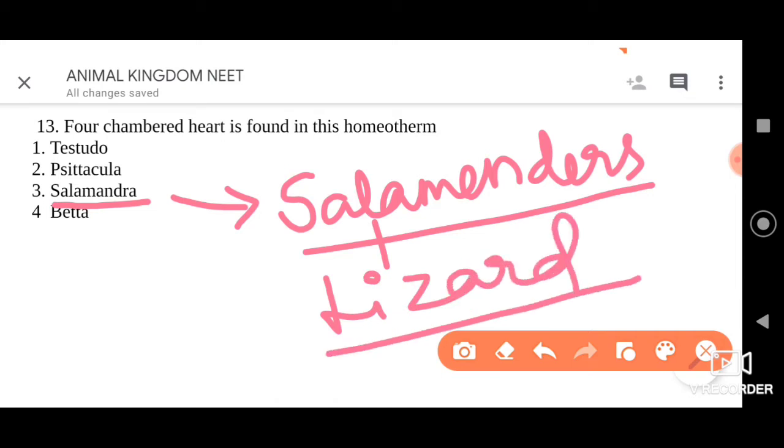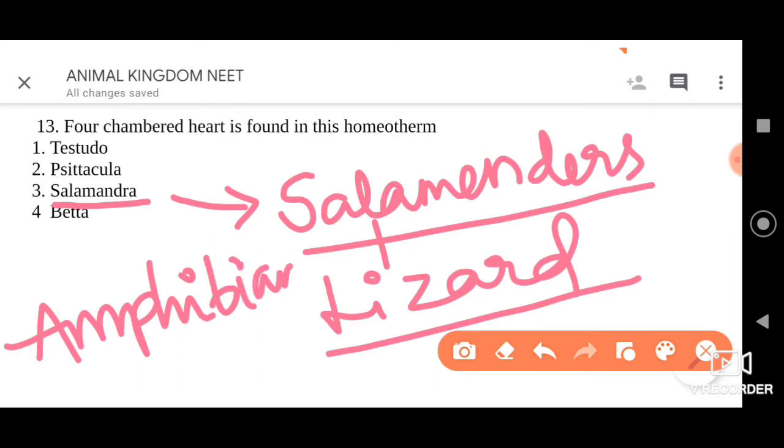But they are amphibians. They have dual life. They need water for their reproduction. So Salamandra is an amphibian. Remember this point, dear students. Whether it is amphibians, birds, or pisces, all of them belong to the phylum Chordata.